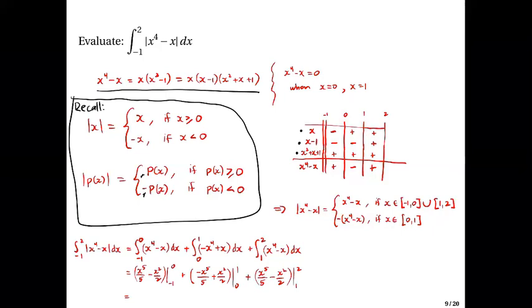So calculating, we'll just have here 0 minus the quantity -1 over 5 minus 1/2, plus here we have -1 over 5 plus 1/2 minus 0, and then plus 2 raised to 5 over 5 minus 2 squared over 2 minus quantity 1 over 5 minus 1/2.